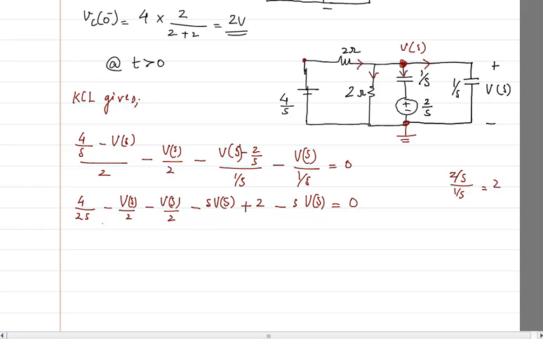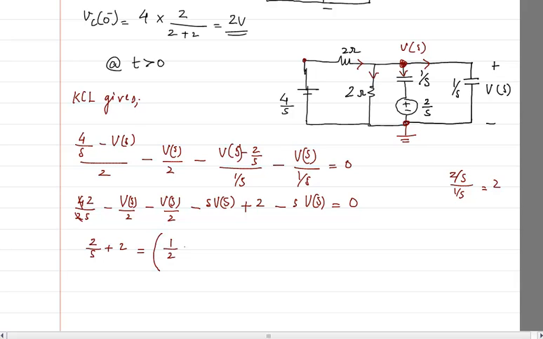So in a way, this and this will give me 2 by S. So what are the constants? The constants are this one. Let me write the constants here: 2 by S plus 2. The other V of S quantities I will take to the other side and it will become positive.